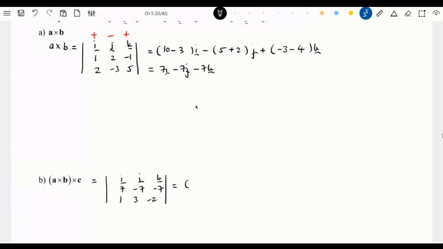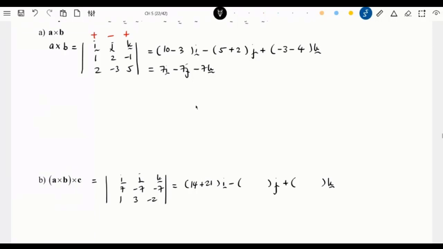Okay, for I, what do we have? Anyone else? 14 minus negative 21, so we end up with plus 21.